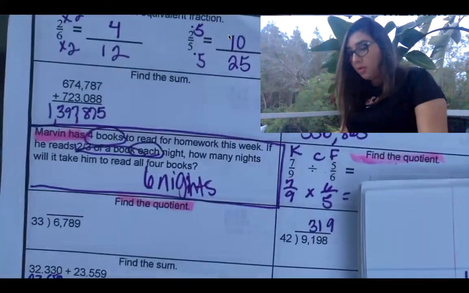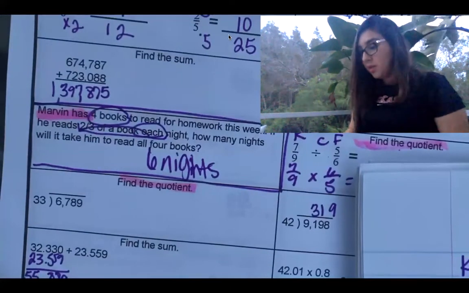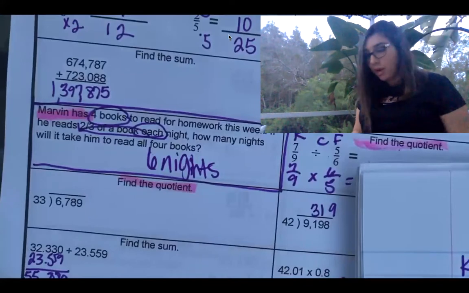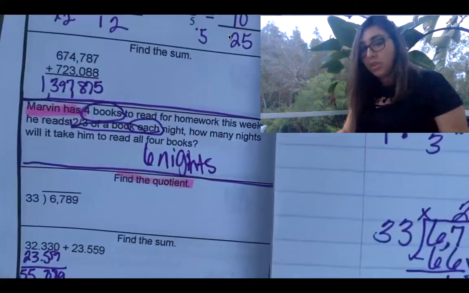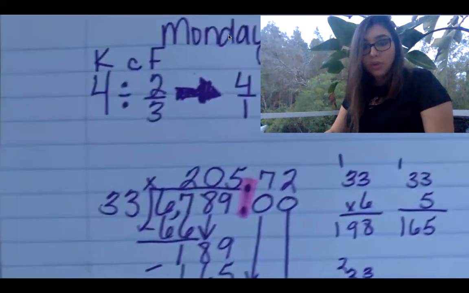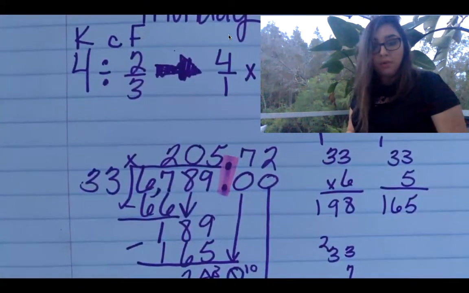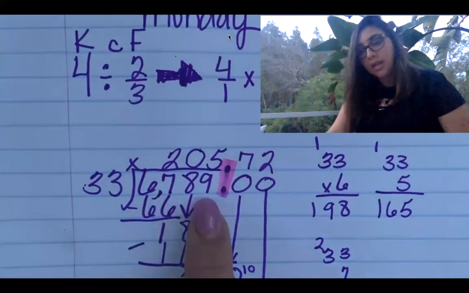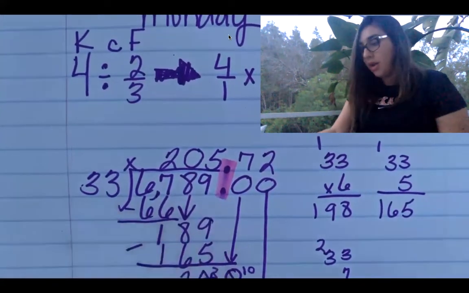Okay, find the quotient. I will go over this one with you. A quick reminder, quotient is the answer to a division problem. So let's find the quotient. You will get a decimal for this. So let's set it up. 6,789 divided by 33.